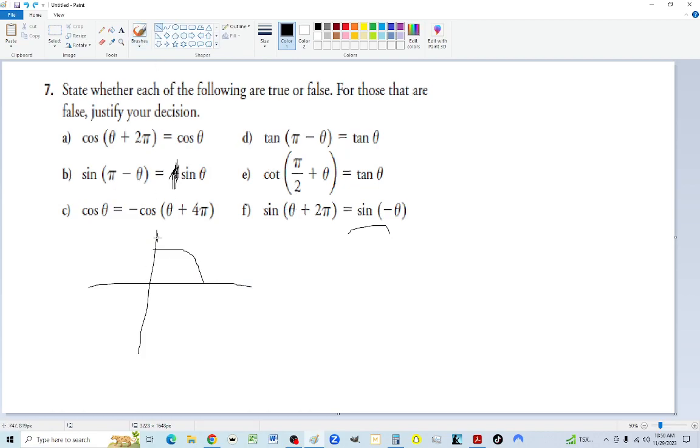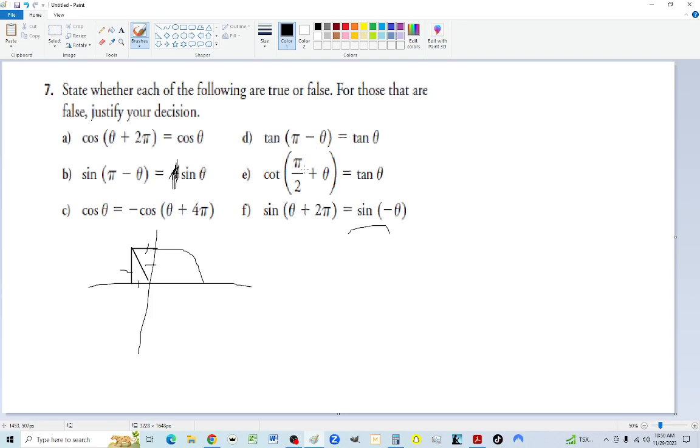If I draw a right angle triangle to the y-axis like that, and draw the same right angle triangle down here, we discover that this length is the same as this length, and this length is the same as this length.